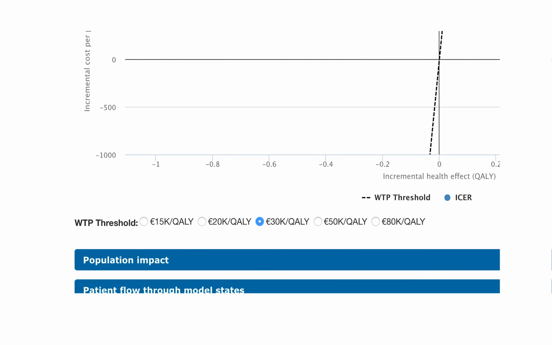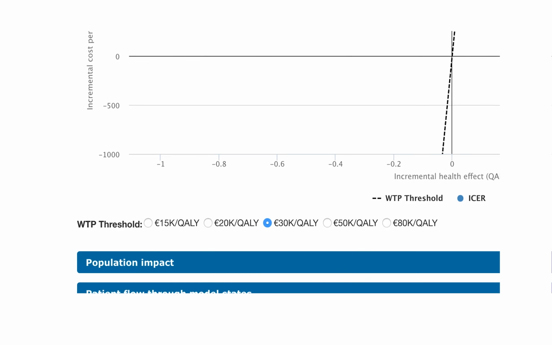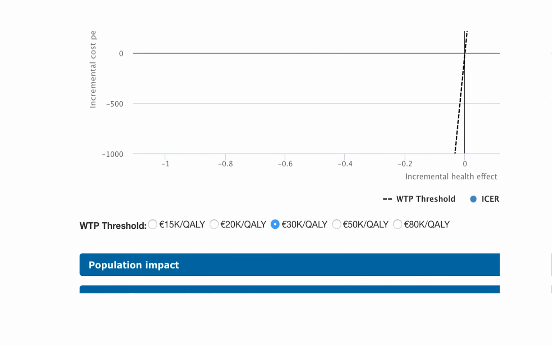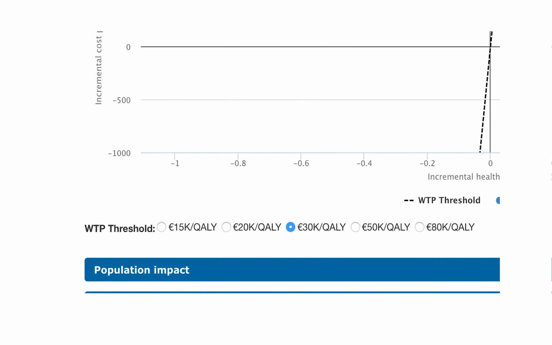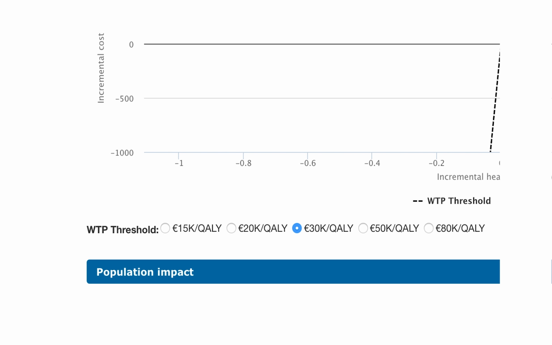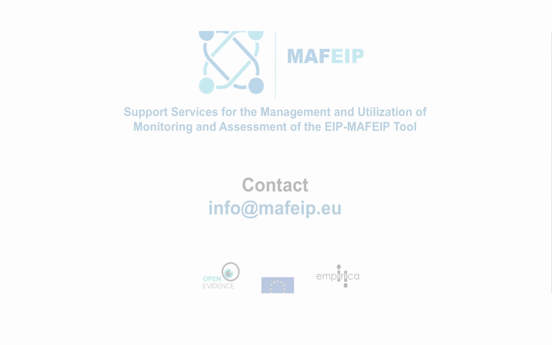If this is the case, then the intervention needs to be further evaluated based on WTP values. Generally, if the blue dot is located below the WTP threshold plot, then the intervention is accepted. You may select the WTP threshold value most relevant to your target group by ticking the corresponding button.